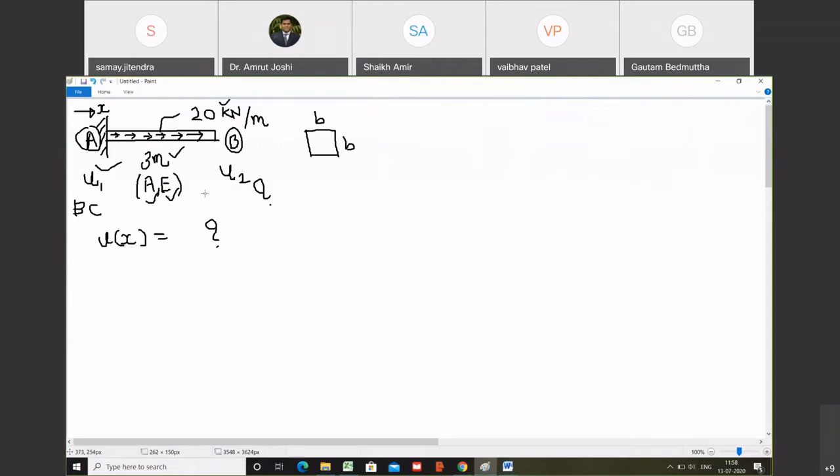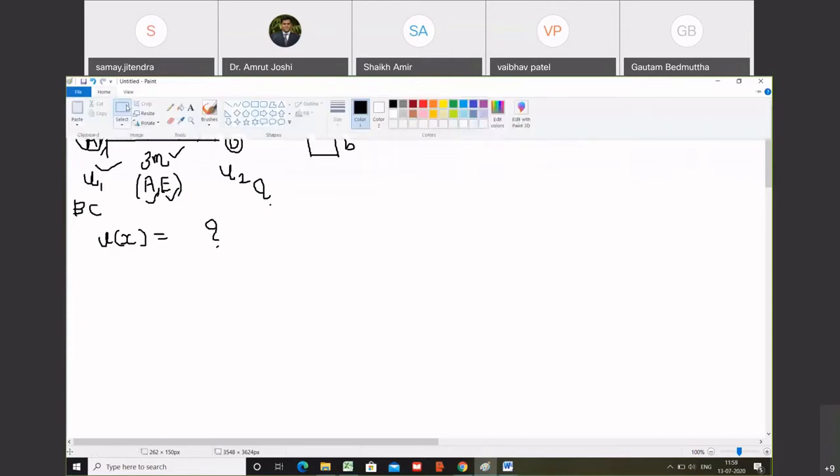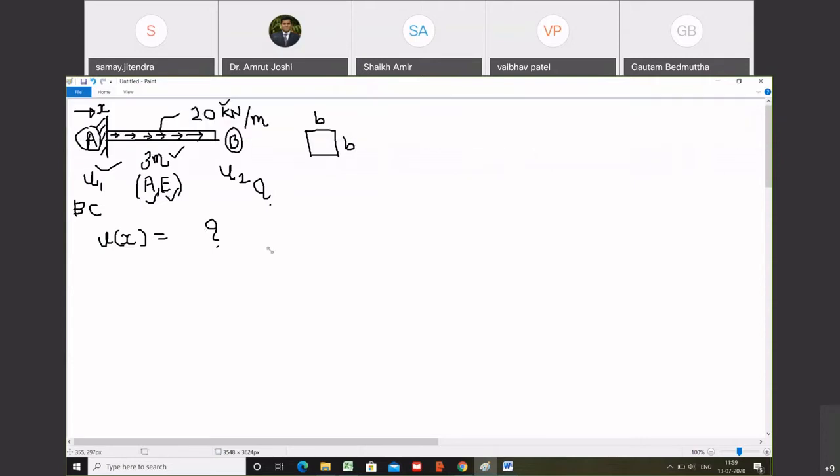Okay. You know u1, u2 is unknown, but once it is known, knowing u1 and u2, how do I write the deformation of any intermediate point in the x direction? That is the question I am asking. Are you with me? Yes.